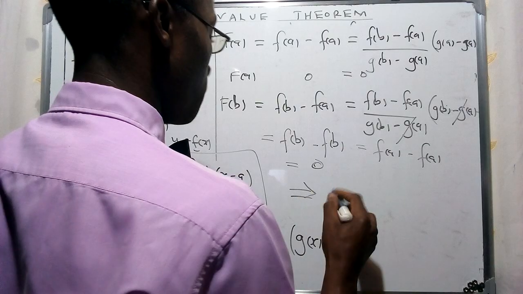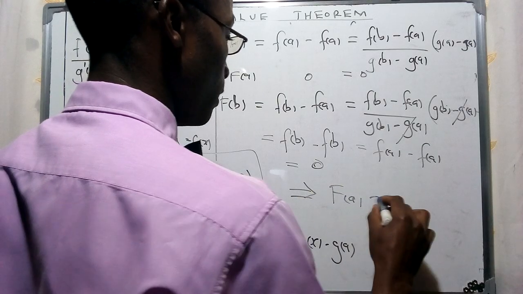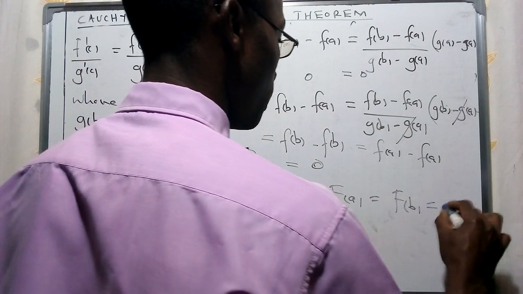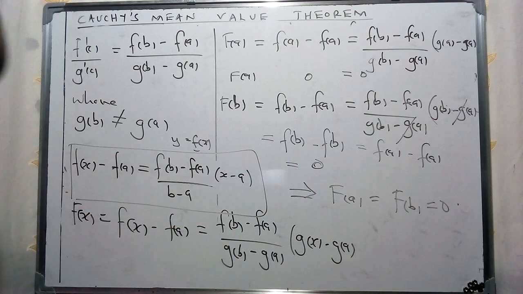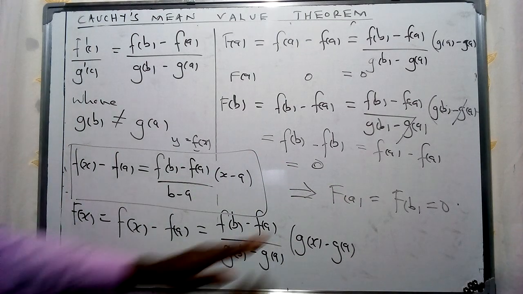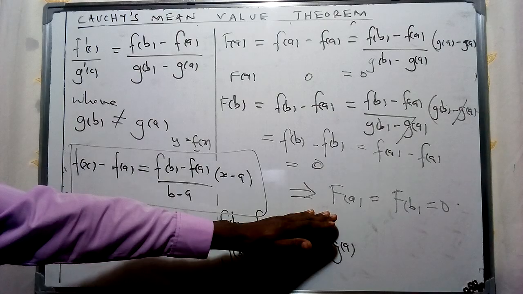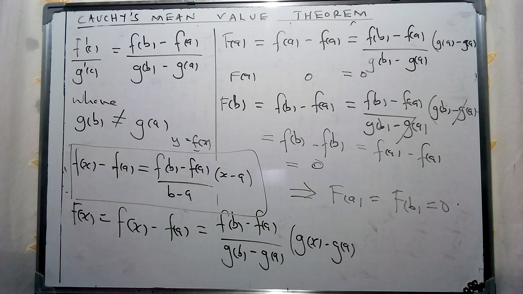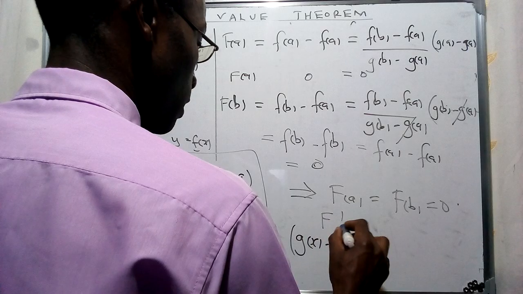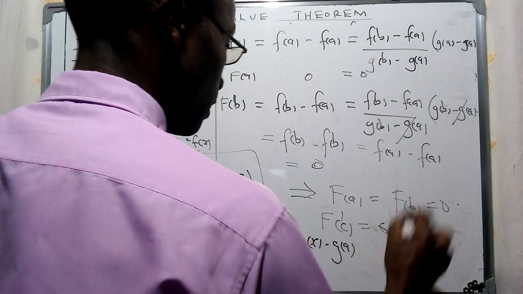So the two evaluations imply that f of a is equivalent to f of b, which is equivalent to 0. And this gives us an implication that by Rolle's theorem, there is at least a point c whereby the first derivative at this point with respect to c is equivalent to 0.